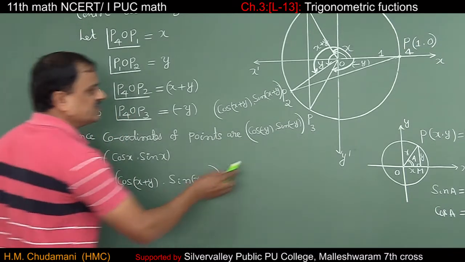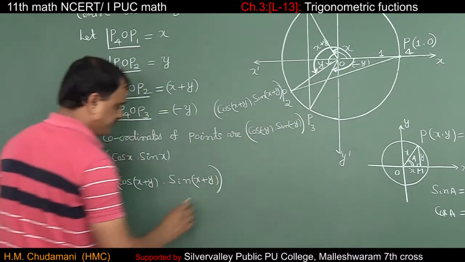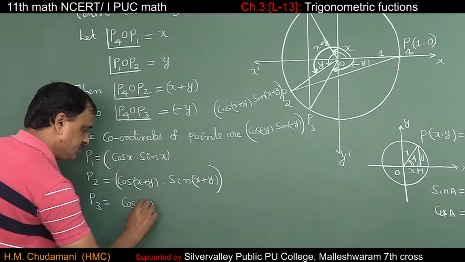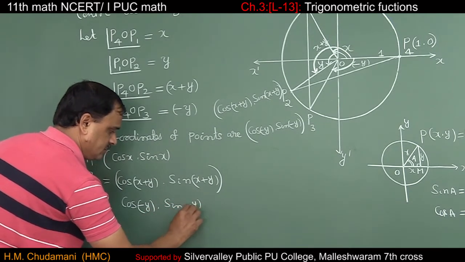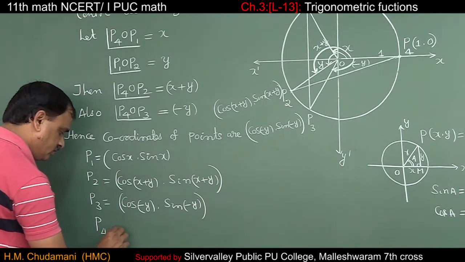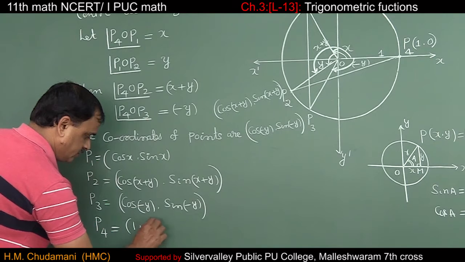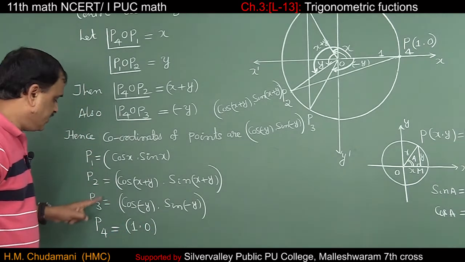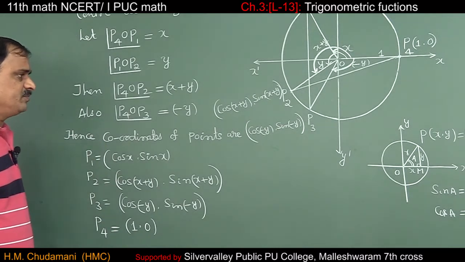P3 covers an angle of minus y, so the coordinates of P3 should be cos of minus y comma sin of minus y. And P4 is equal to 1 comma 0. So these are the coordinates of P1, P2, P3, P4 respectively.